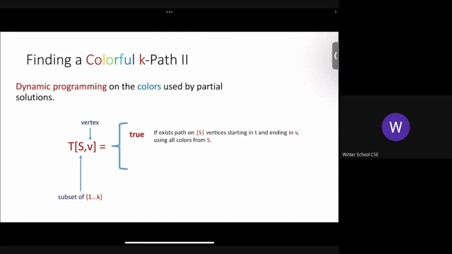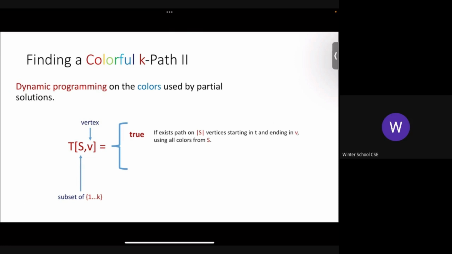I say that this value is true if there exists a path starting in the vertex S and ending in this vertex V, and this path is using all colors from S, and the length of this path is exactly the size of S.